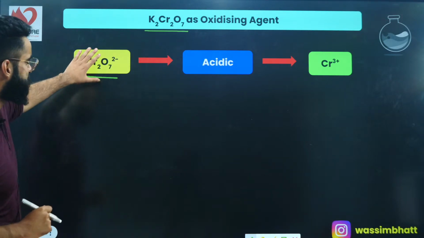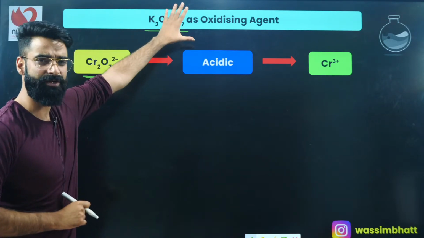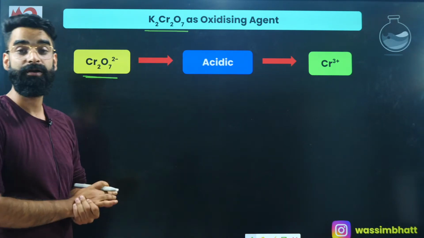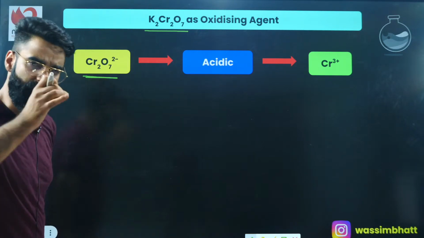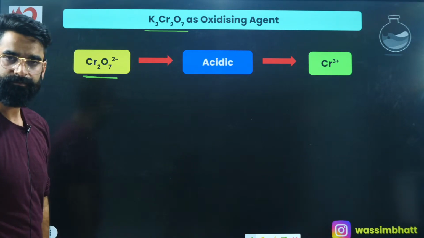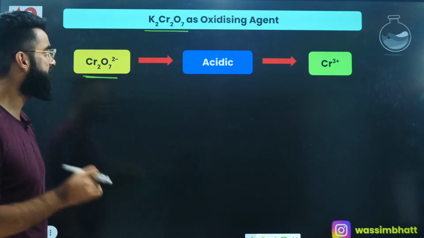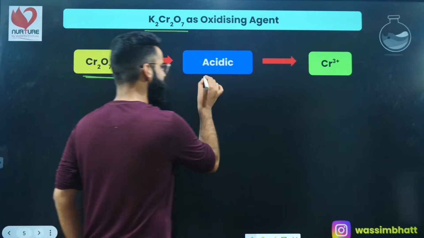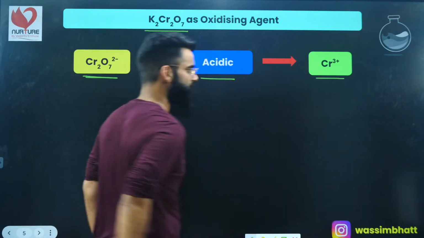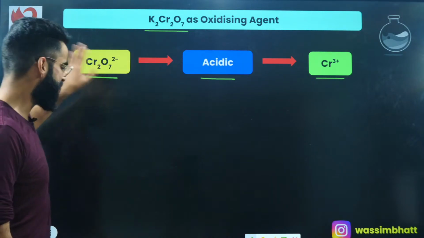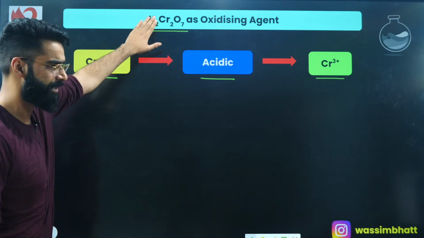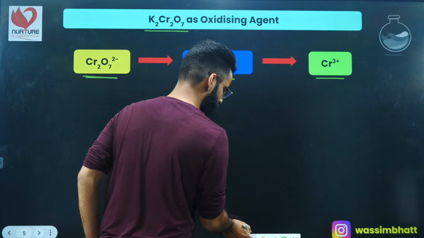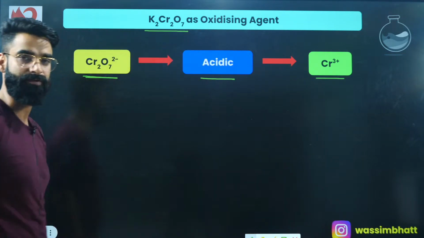So the first thing which I want you guys to remember: whenever potassium dichromate, whenever K2Cr2O7, whenever Cr2O7 dinegative participates in the acidic medium, it gets converted into Cr tripositive, right?